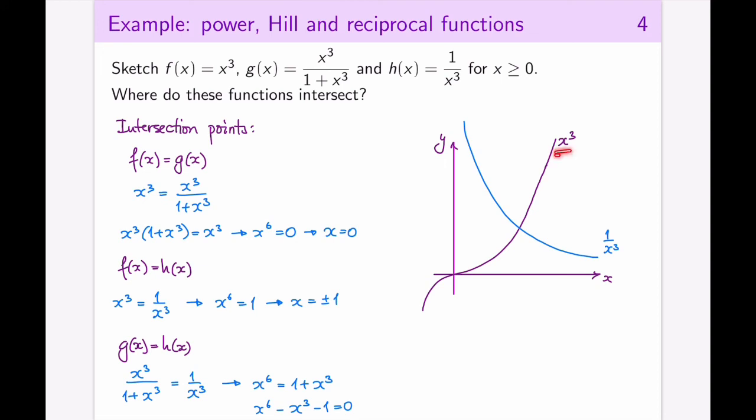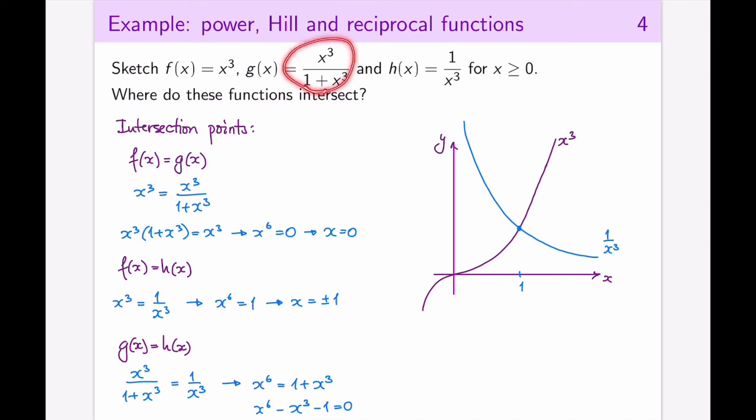So now I've produced x cubed and 1 over x cubed, and their points of intersection, as per our solution here, are plus and minus 1. So that means that this point is actually at 1, and of course the second branch of this will intersect the graph over here at -1. So this seems to check out with our algebra and our geometric illustration.